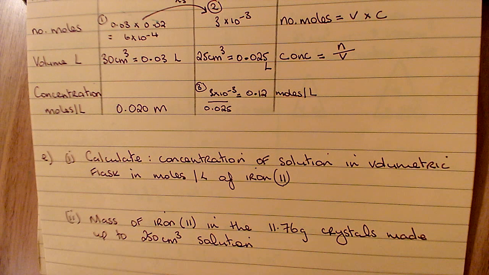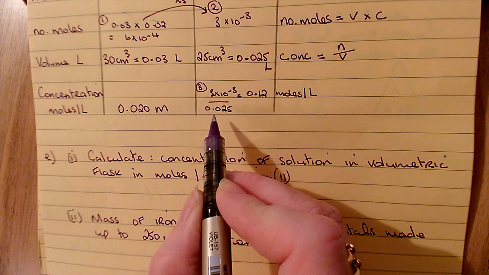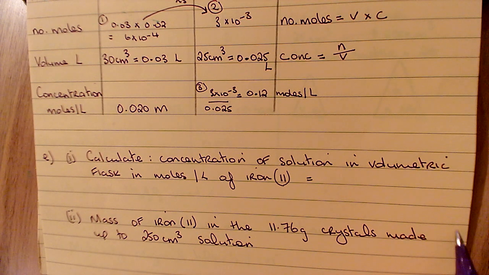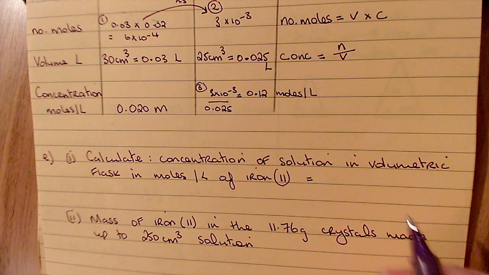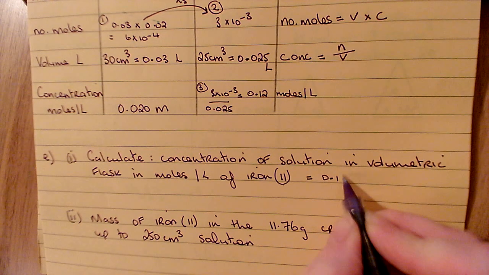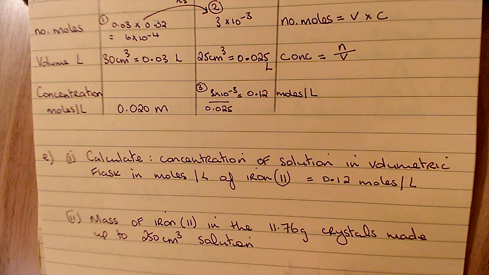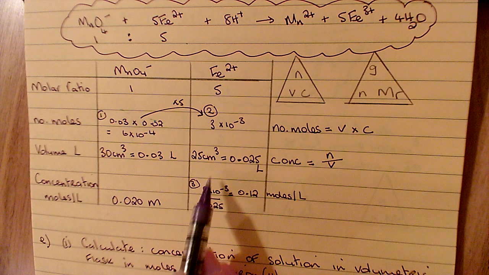We've worked out this little section here, so we can simply write that in. So the concentration of the solution in the volumetric flask in moles per litre of iron 2 is 0.12 moles per litre. So that's straight from my table, okay? So remember, this is the iron column.